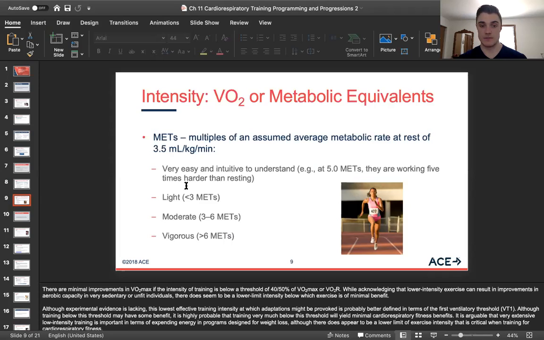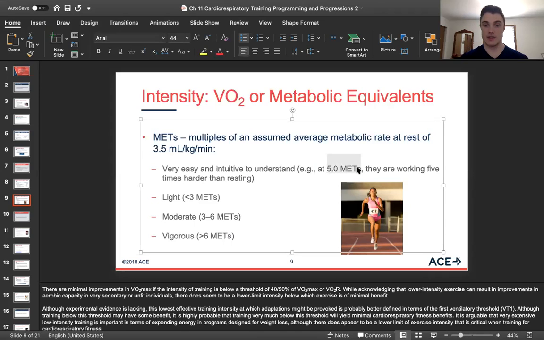That's an average. So that's one MET. One MET is 3.5 milliliters per kilogram per minute, and that is referencing someone at rest. So you know that if you're working at 5 METs, you're working 5 times harder than resting.